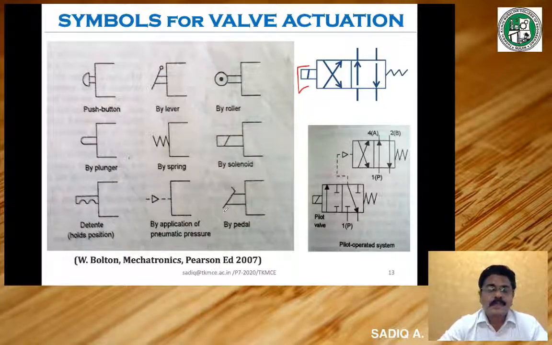You might have seen pedal operated ramps and all. So if the valve is controlled by means of a pedal, you will show a pedal symbol here. So this is the way by which we represent the actuation in a valve. Actuation is shown on either side, here as well as here.